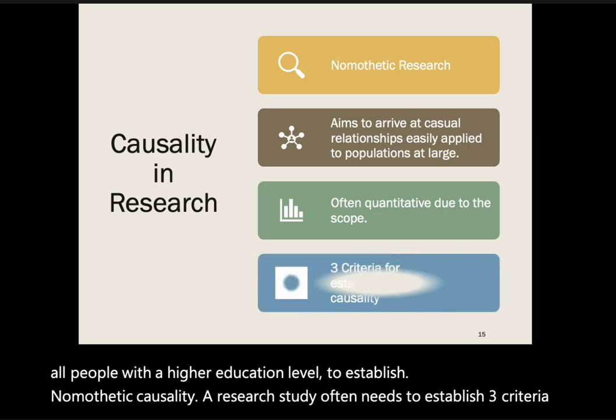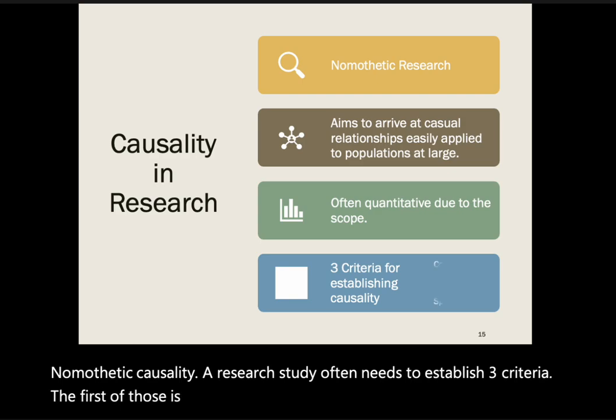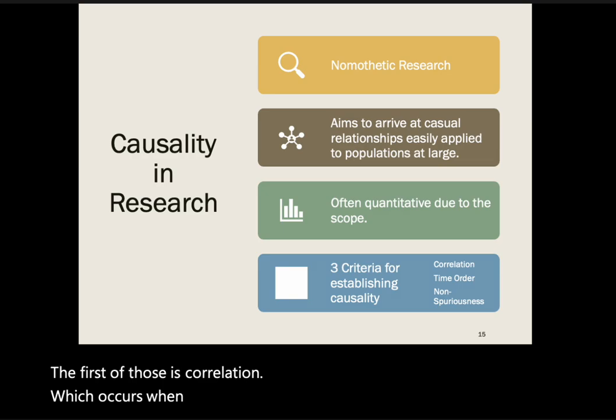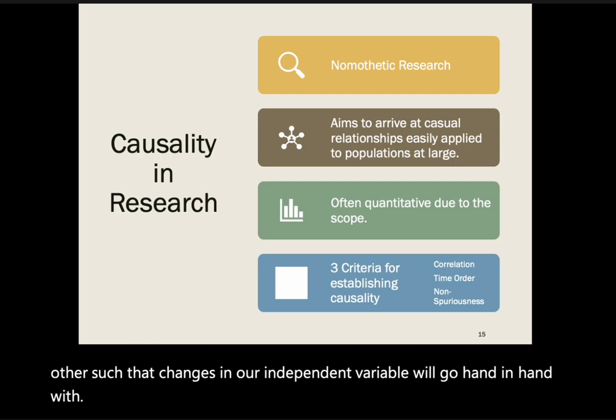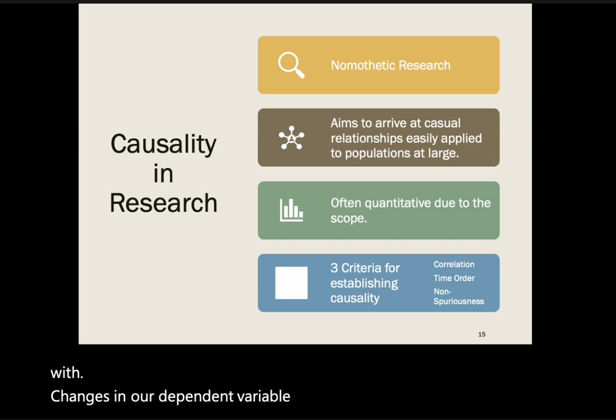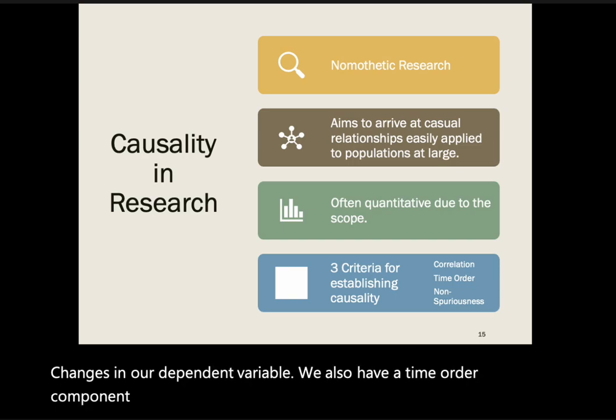The first of those is correlation, which occurs when variables that we are studying are related to each other, such that changes in our independent variable will go hand in hand with changes in our dependent variable. We also have a time order component of nomothetic research.